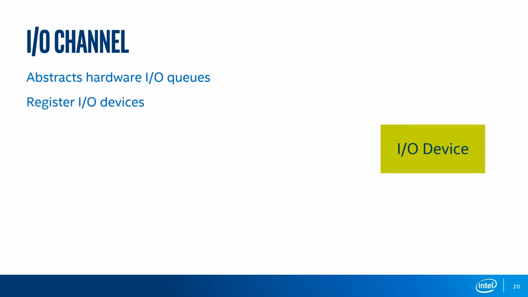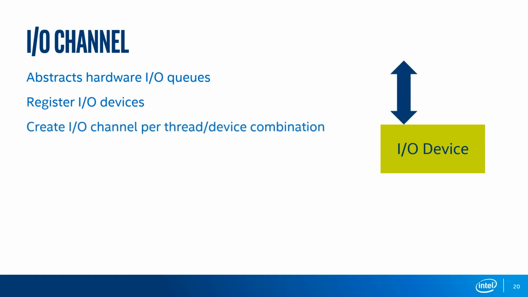You can register I/O devices with the SPDK framework. And when you register a device, you tell it what to do when a user asks you to create an I/O channel. So typically you'll create one I/O channel per device, per thread. So let's say you have 5 different NVMe devices and you want to use them all on 3 different threads, you would create 15 total I/O channels, right?